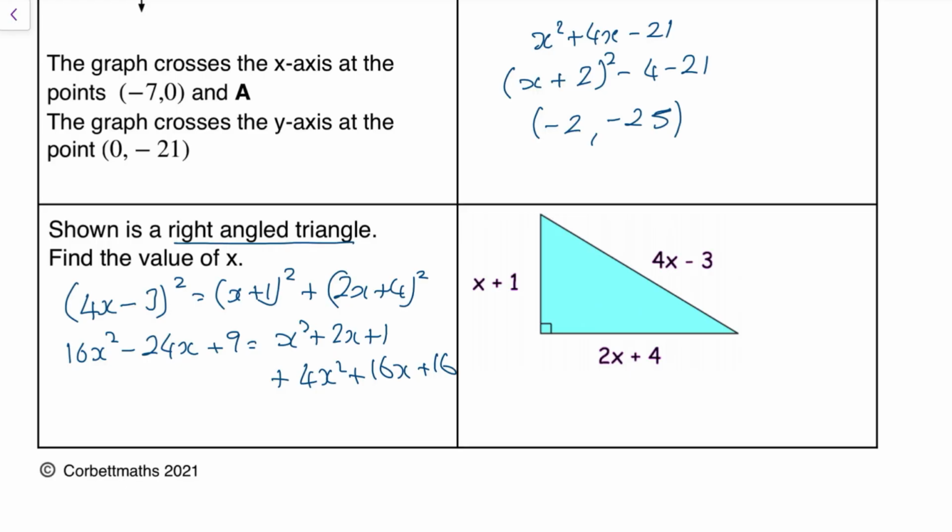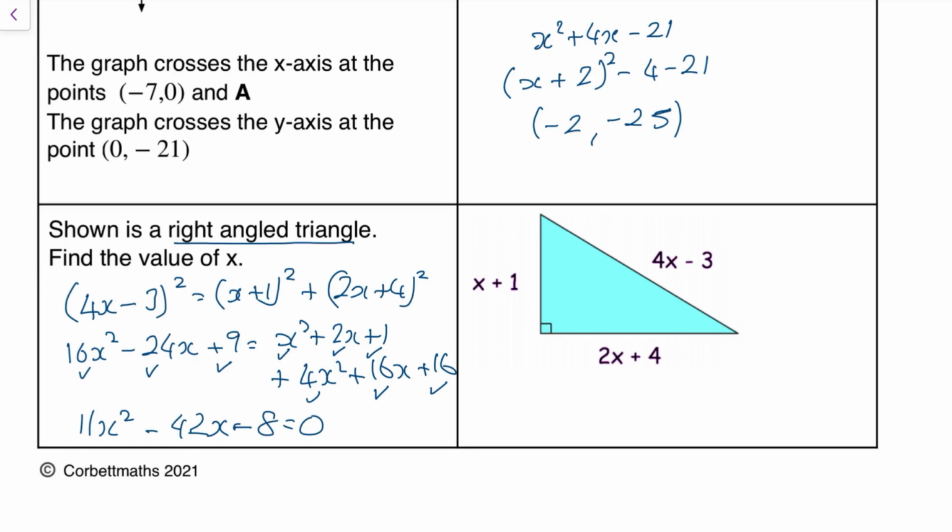So 16x squared, I'm going to tick them off, minus x squared minus 4x squared is going to give me 11x squared. Minus 24x minus 2x is minus 26x, minus another 16x is minus 42x. Yeah, minus 42x. And 9 minus 1 is 8, minus another 16 is minus 8. So that's going to give me minus 8 is equal to 0.